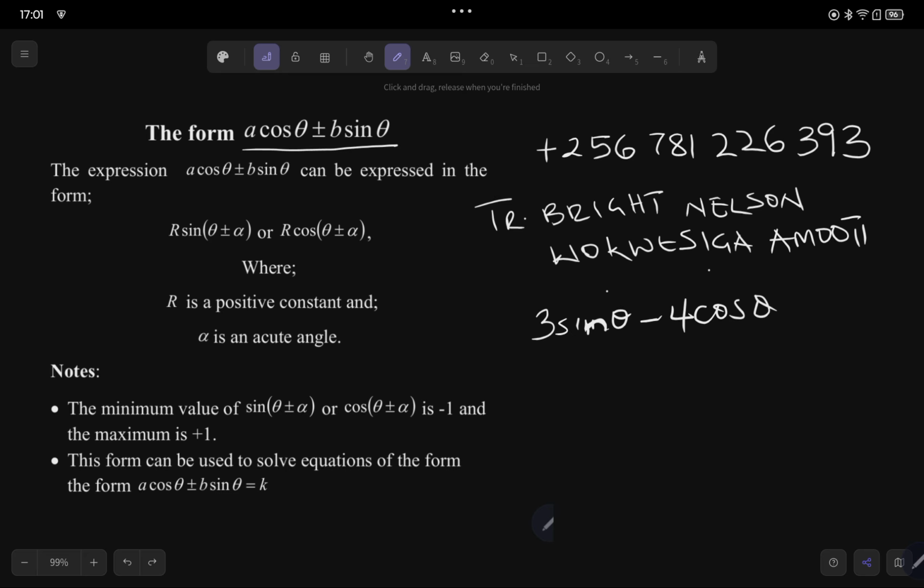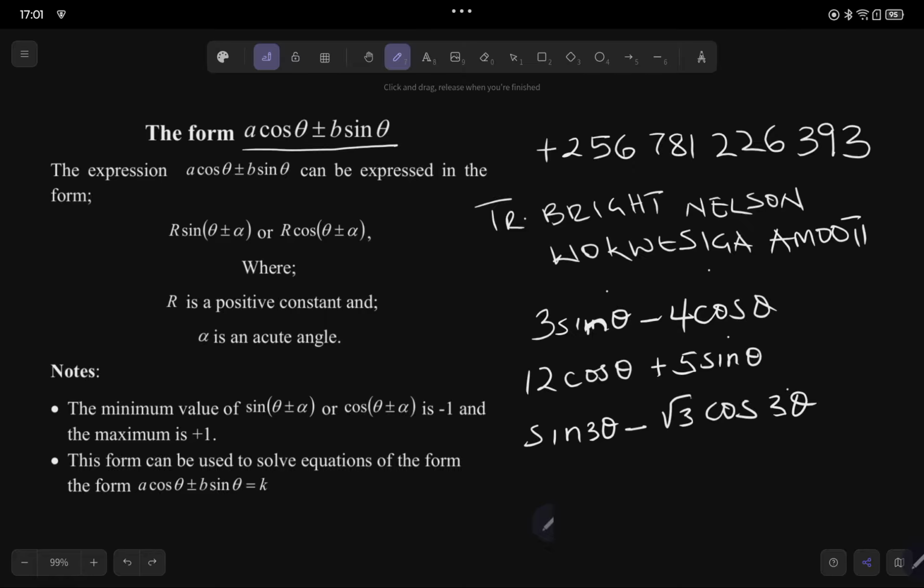It might be 12 cos theta plus maybe 5 sin theta. It might be sin theta minus root 3 cos theta. And this theta might even be a 3 theta. So any equations of this format is what we are dealing with today.